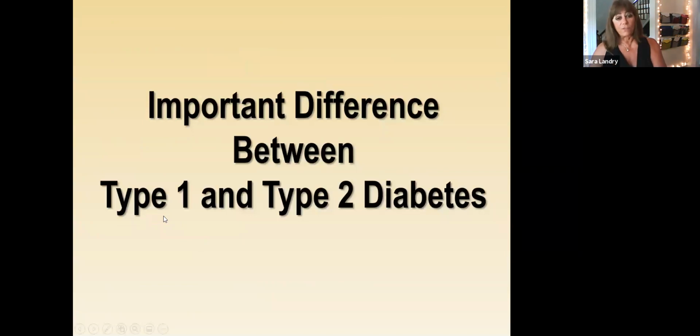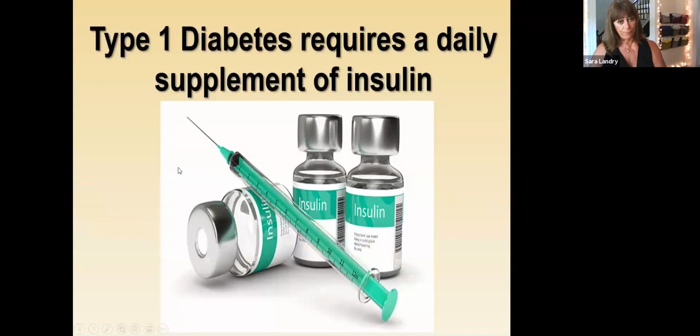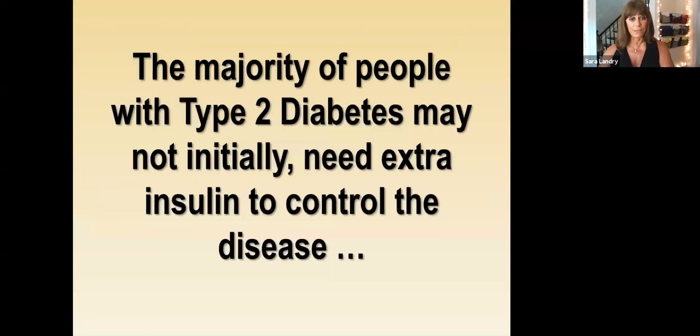There are important differences between type 1 and type 2 diabetes. If you have type 1, no question about it, you will need a daily supplement of insulin every single day, probably 3 times a day.